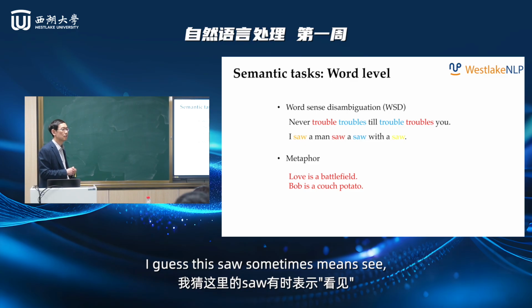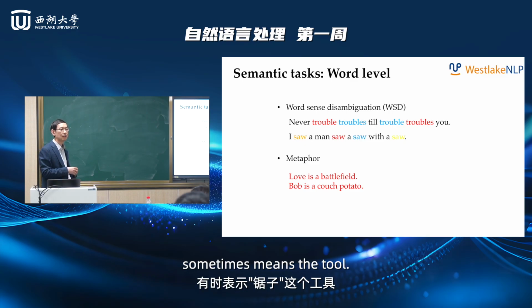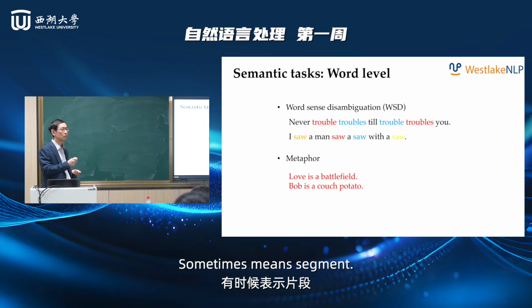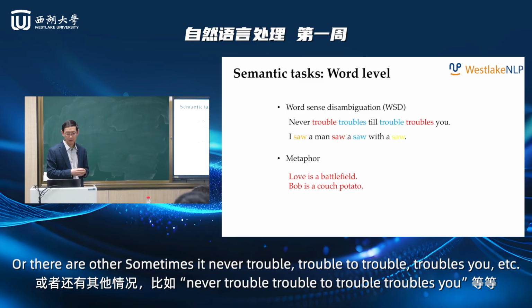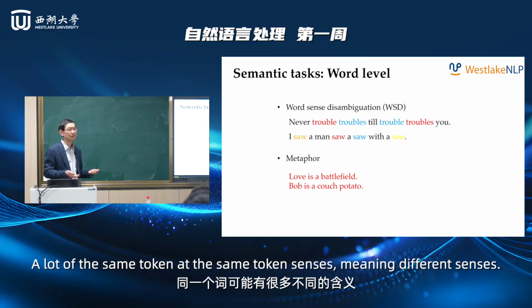I guess this saw sometimes means see, sometimes means the tool, sometimes means segment, okay? Or there are other sentences like never trouble trouble till trouble troubles you, etc. So a lot of the same token, the same token meaning different senses.